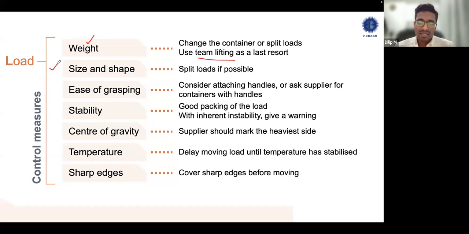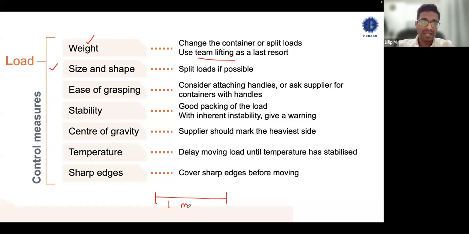Now imagine if I have to carry an empty carton box. The box is empty, but the dimension of the box is, let's say, 1 meter width. So you could see how much I have to stretch my hand to hold or to grip that object.